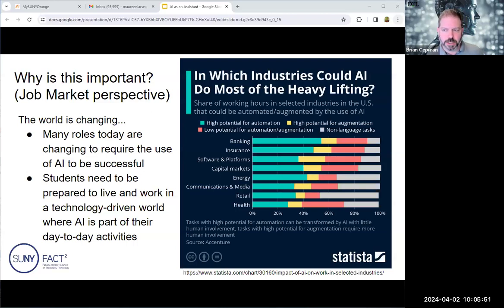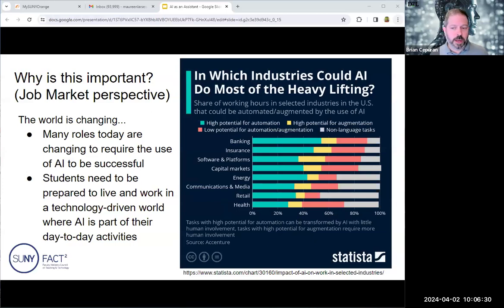If we look at some of the most highly impacted industries, in banking or in insurance, there's a thought that perhaps up to 60% of the time being spent today will be impacted by automation. And I think that this sort of information is important to also share with your students. Make sure that they're aware that not only is AI out there, but it is something that they will absolutely be encountering, and something they need to be prepared for as they enter into that workforce.